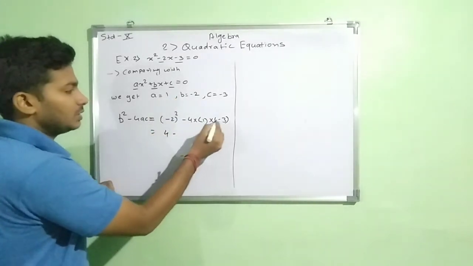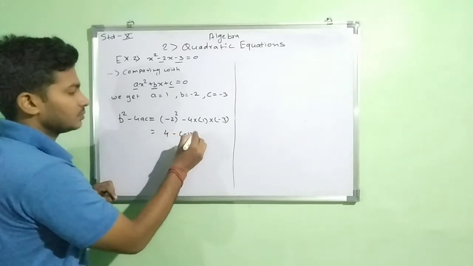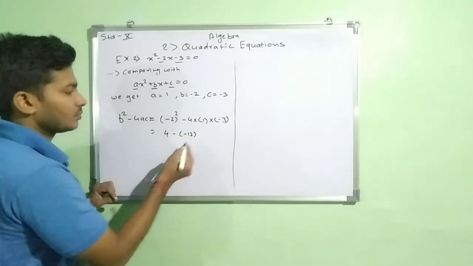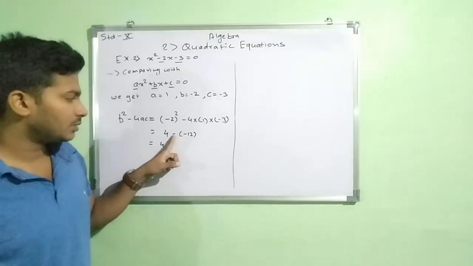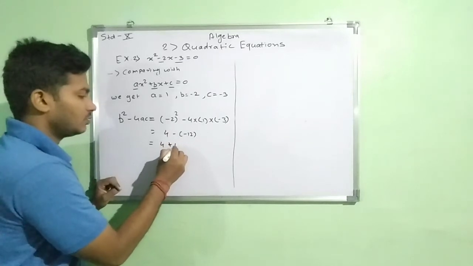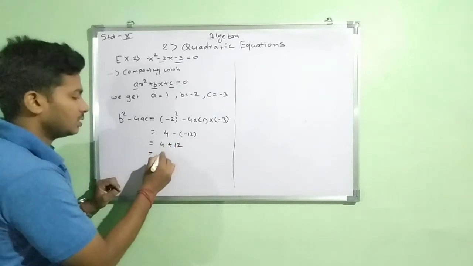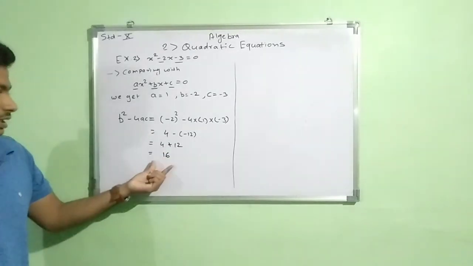Minus 4 multiplication minus 3 will be minus 12. Now that minus sign will go inside and minus minus will become plus. Multiplication of minus minus will become plus 12. So we will get 4 plus 12, 16. So we got the value of b square minus 4ac as 16.